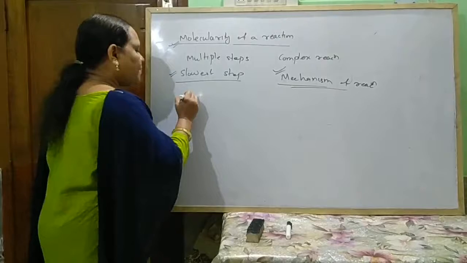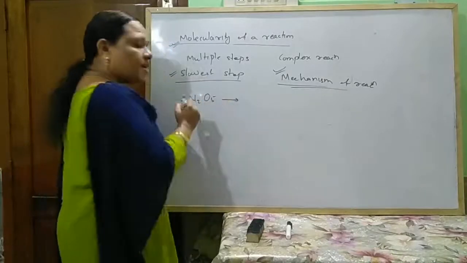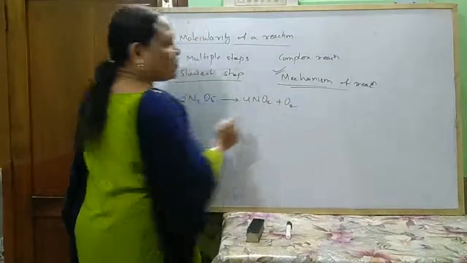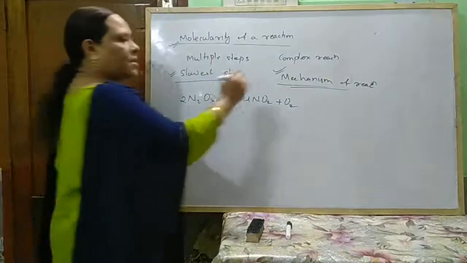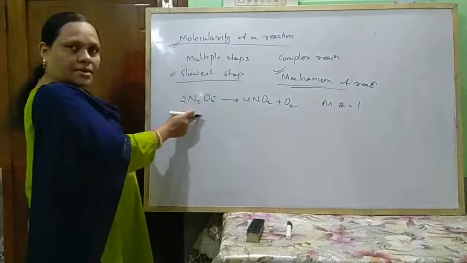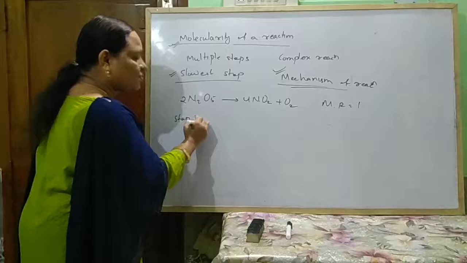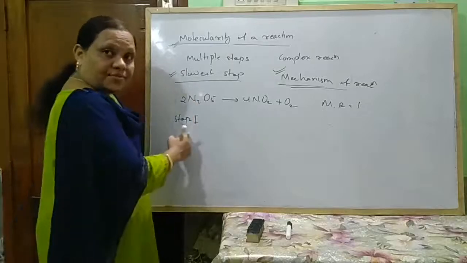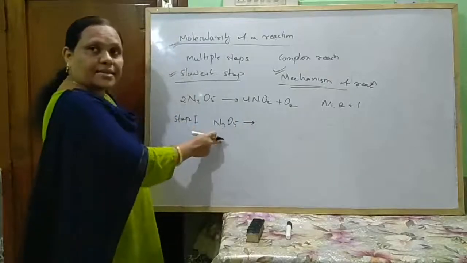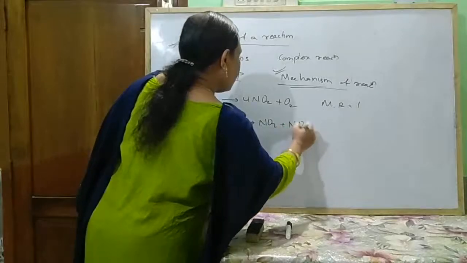For example, 2N2O5 gives rise to 4NO2 plus O2. Looking at this decomposition, the molecularity seems to be 2. But actually this reaction takes place in 2 steps. In step 1, N2O5 first gives NO2 plus NO3.